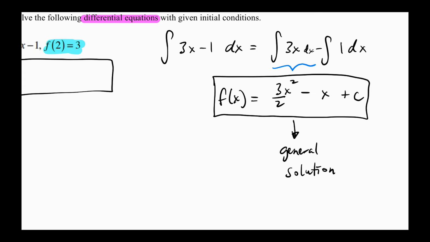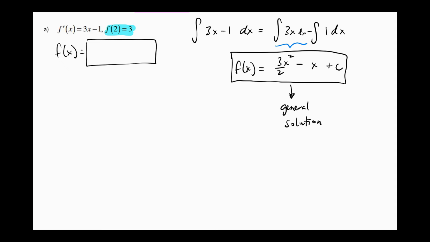This is the general solution. Sometimes I'll just ask you, what is the general solution? Just find the antiderivative, you're done. But this question is different than the ones prior because they want us to find specific to this situation here in blue. So f of 2 equals 3 means plug in 2 for x and 3 for y, and they should be equal to each other.